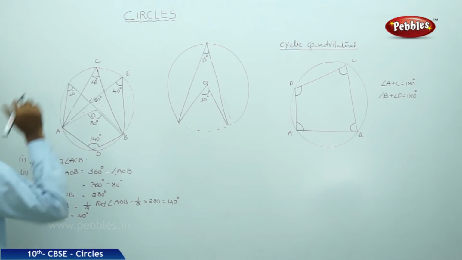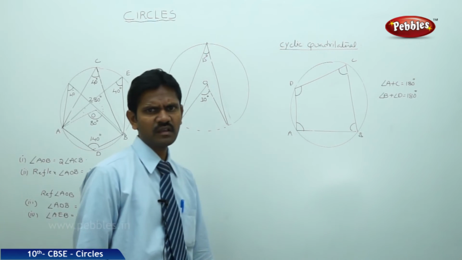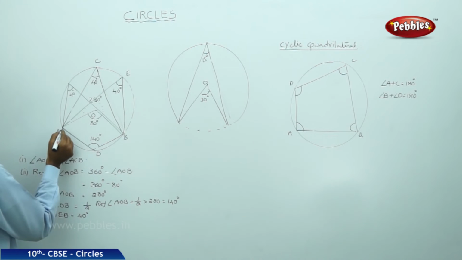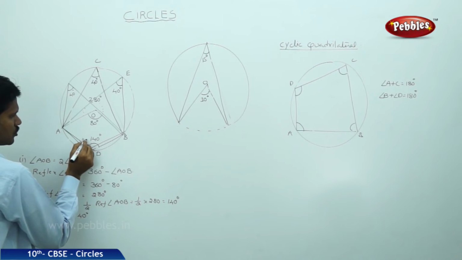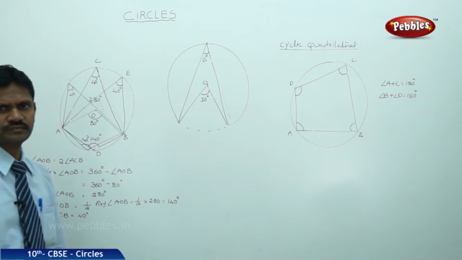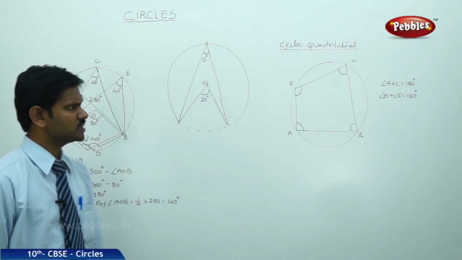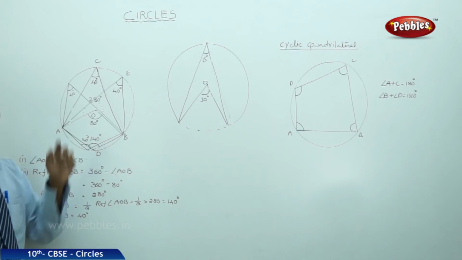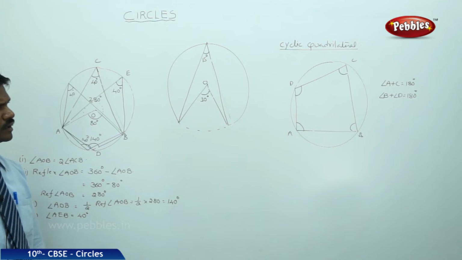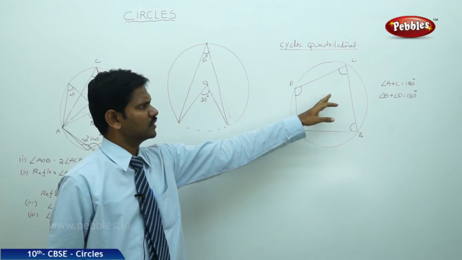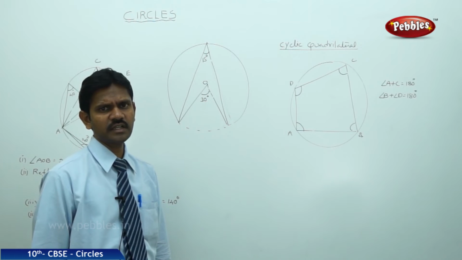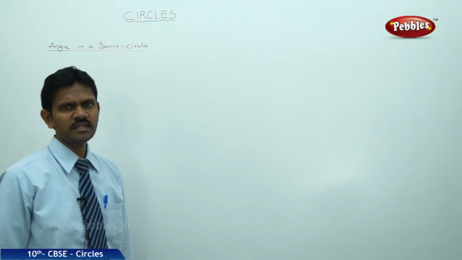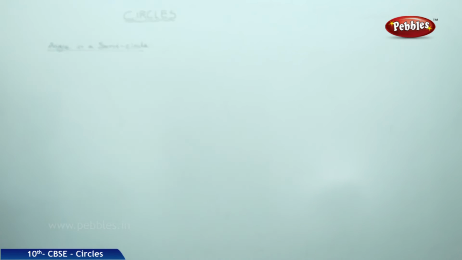Why? Because angles in the same segment are equal. In a similar way, if you draw an angle here, the angle here is also 140 degrees. That is, angles in the same segment of a circle are equal. And what we learn from here is that the opposite angles of a cyclic quadrilateral sum to 180 degrees. Let us see next, angle in a semicircle.